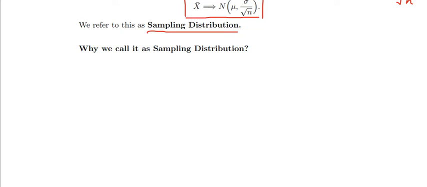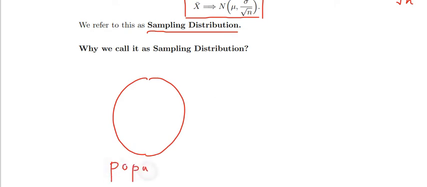In statistics, a really common story is: here we have a population with many people. For them we have the average mu and the standard deviation sigma. But these two things we don't know because the population is too huge.